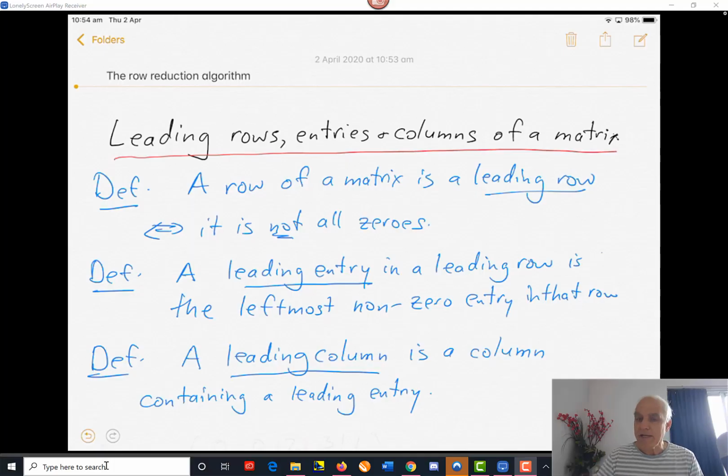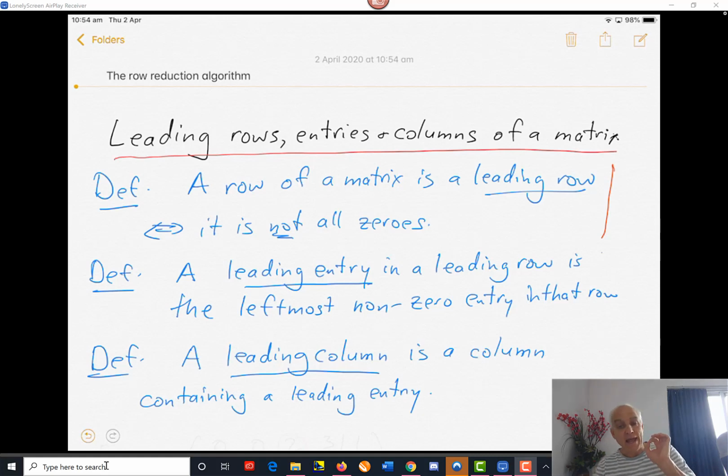So let's start with leading rows, entries, and columns of a matrix. What do those words mean? So first definition, a row of a matrix is a leading row precisely when it is not all zeros. So it's got at least one non-zero entry in it.